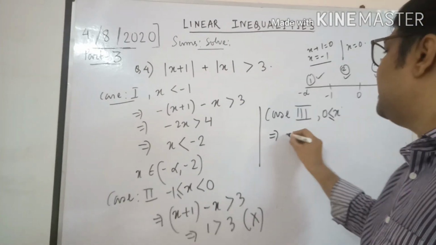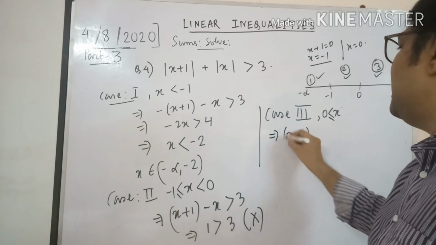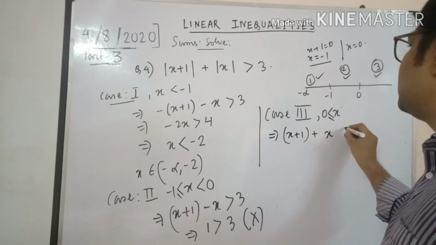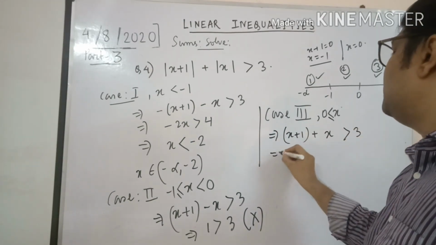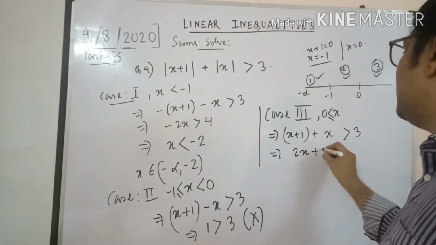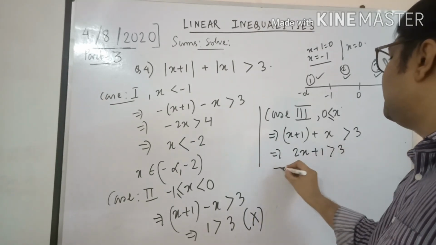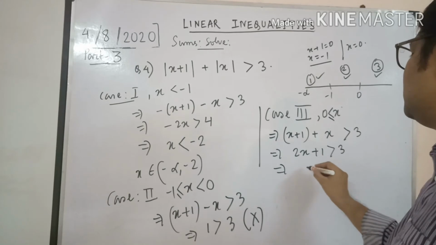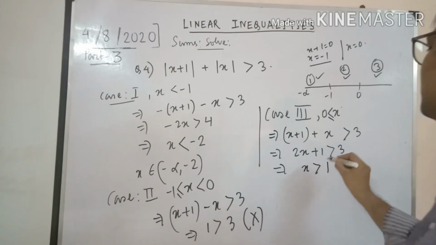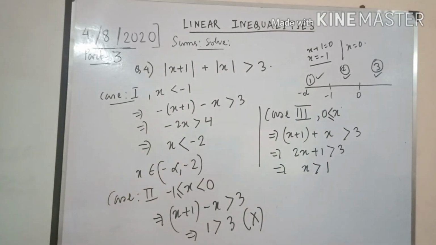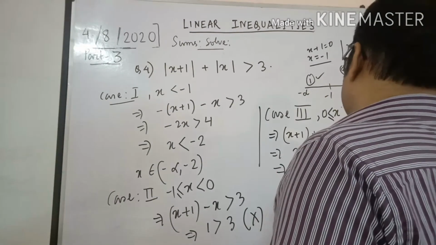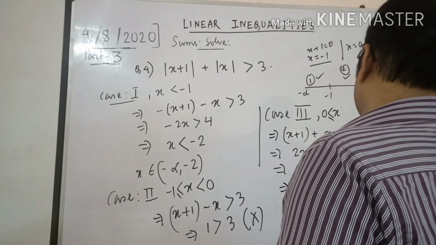That means we get x plus 1 plus x greater than 3, which is 2x plus 1 greater than 3. 2x greater than 2, so x greater than 1. That means x belongs to 1 to infinity.